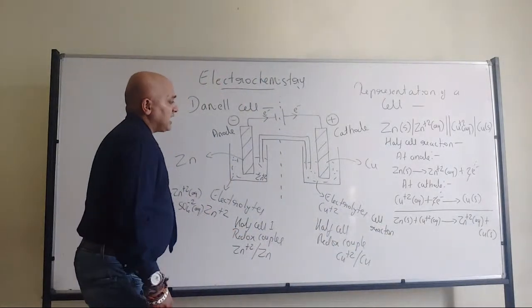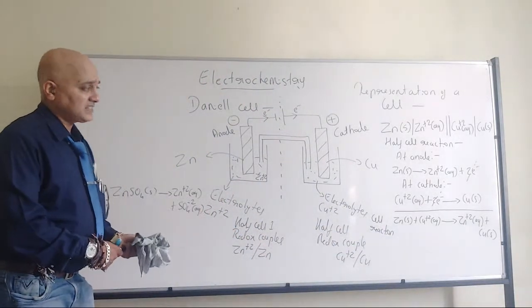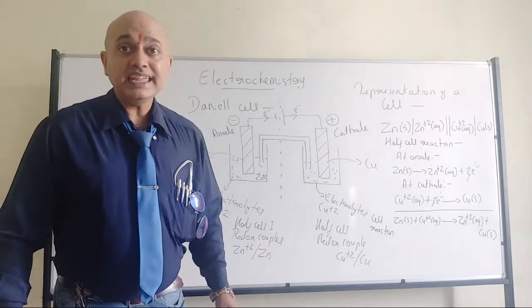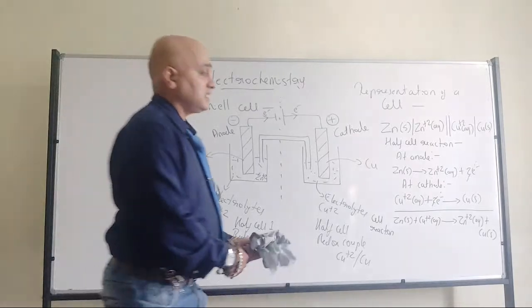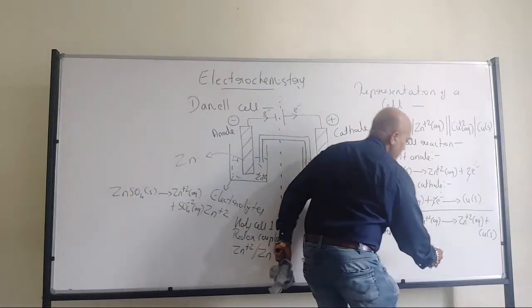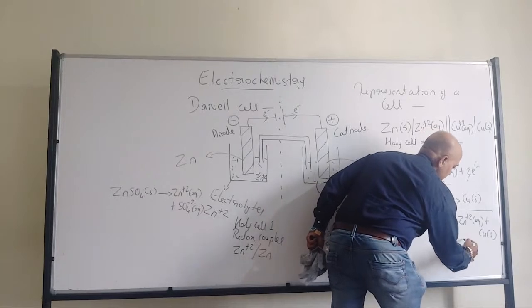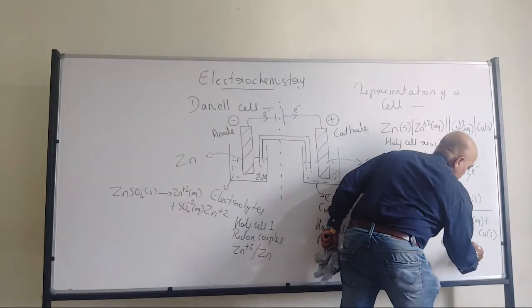Okay? So, when I am talking about cell reaction, since it is a voltaic cell, a Daniell cell, a type of voltaic cell, naturally there will be generation of voltage, and that voltage will be 1.1 volt.